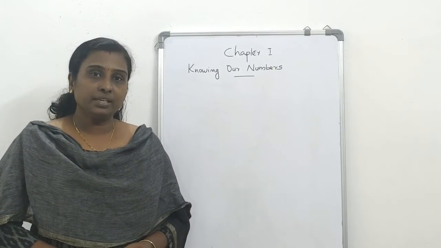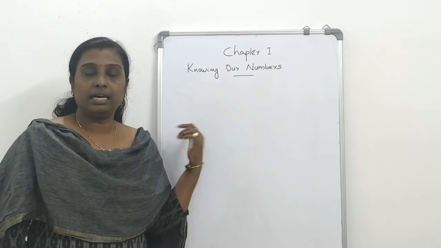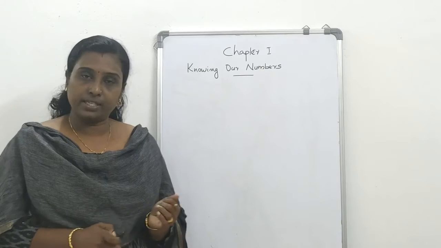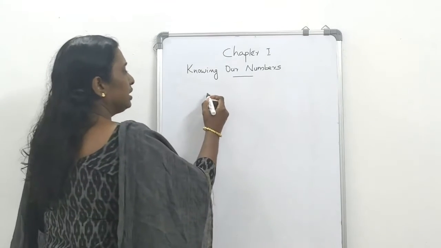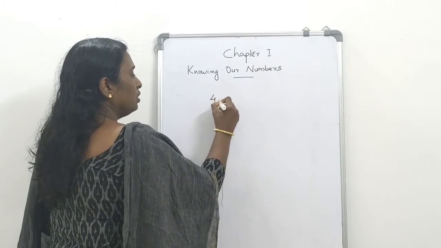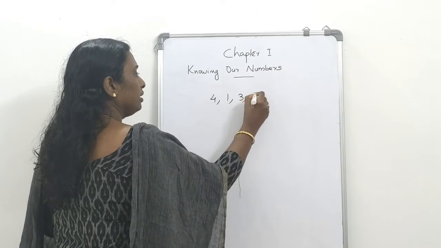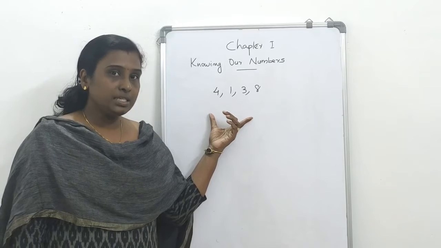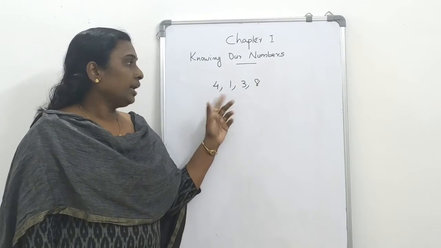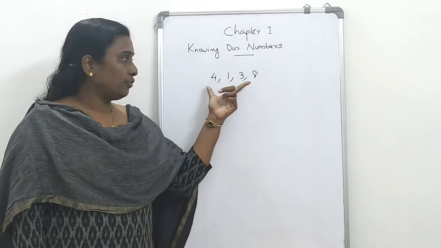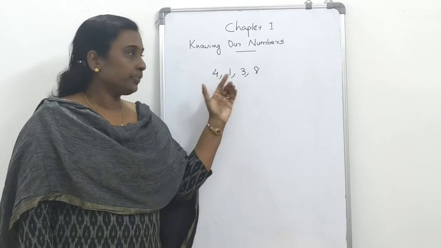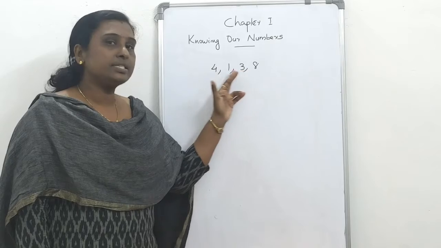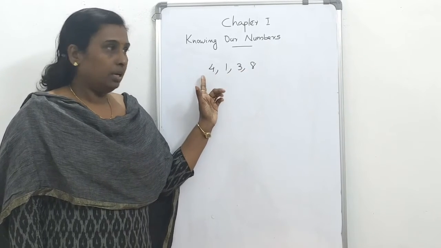Next, we are going to study how to find the largest and the smallest numbers from the given digits. For example, consider the digits 4, 1, 3, 8. We can find the smallest 4-digit number and the greatest 4-digit number from these digits. The smallest 4-digit number is obtained by arranging these digits in ascending order.